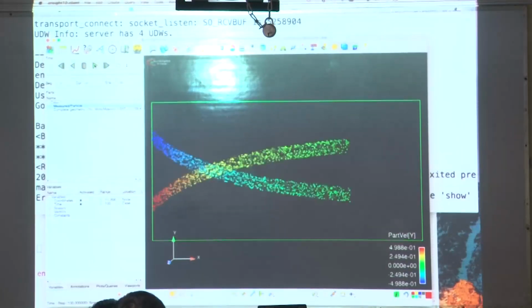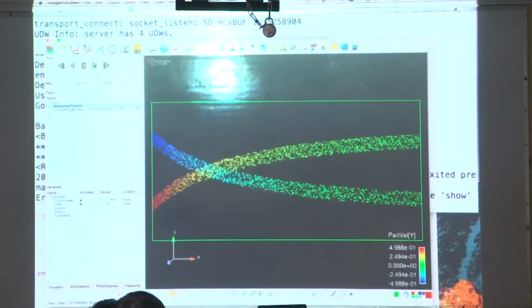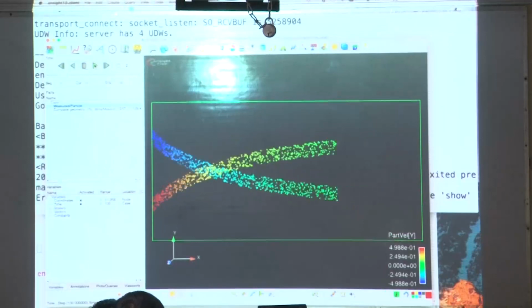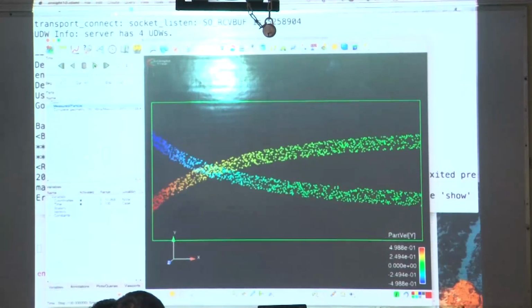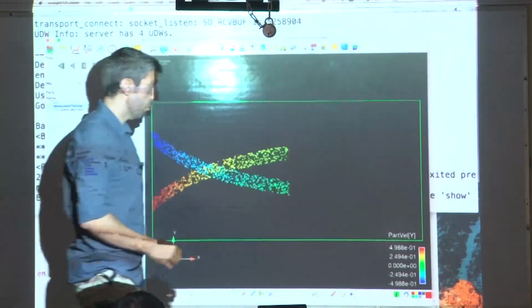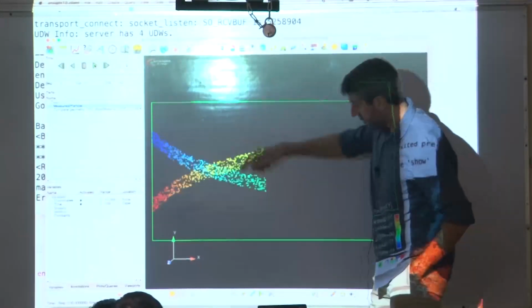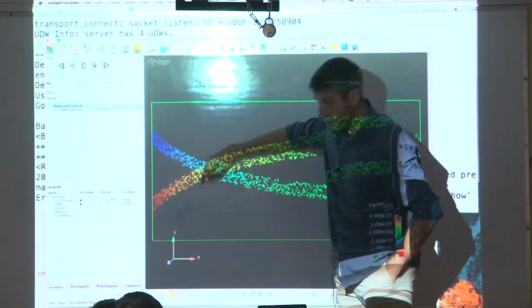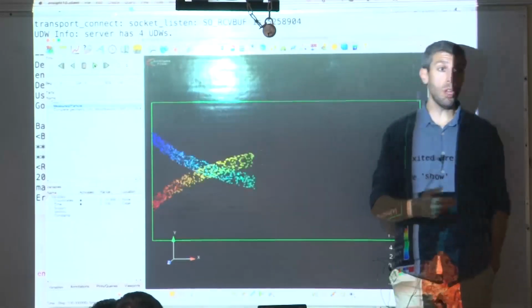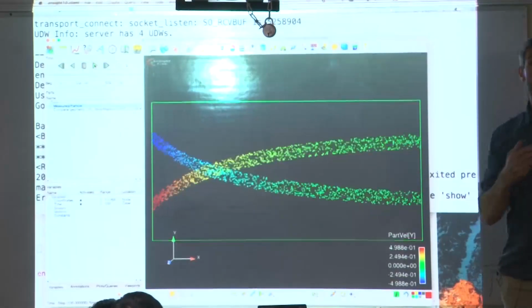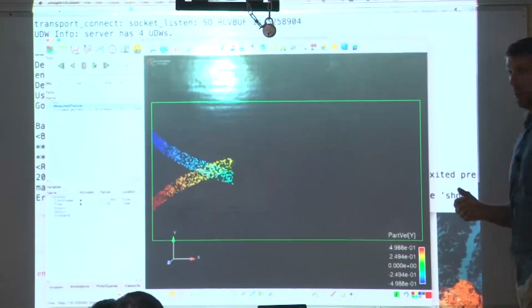Now, this is simple in the Lagrangian setting. But where it's going to become tricky for the Eulerian approach is if you look here in this diamond-shaped region, my Lagrangian model predicts a multi-valued particle velocity.